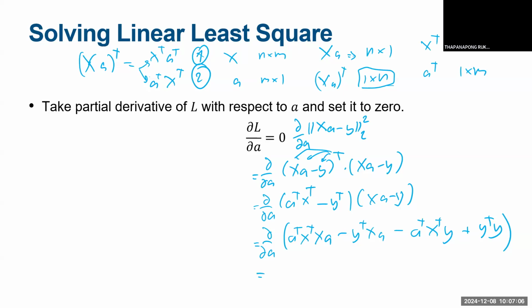Basically A is just power one, so this one you get just Y transpose X. This one you take the derivative, you get X transpose Y, and then this one is a constant because there's no A, so it becomes 0.